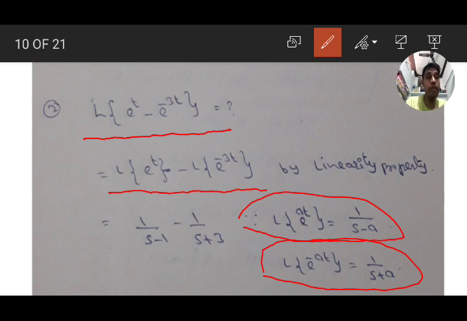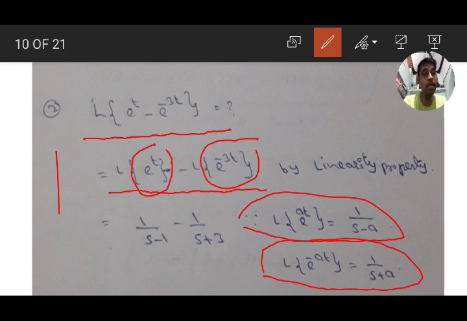So in the first one, a equal to 1, and in L of e to the power of minus 3t, a equal to 3. So by substituting, we get 1 by s minus a and minus of 1 by s plus 3.